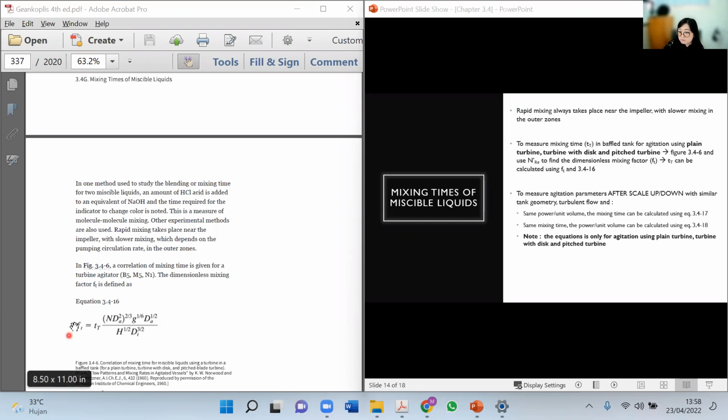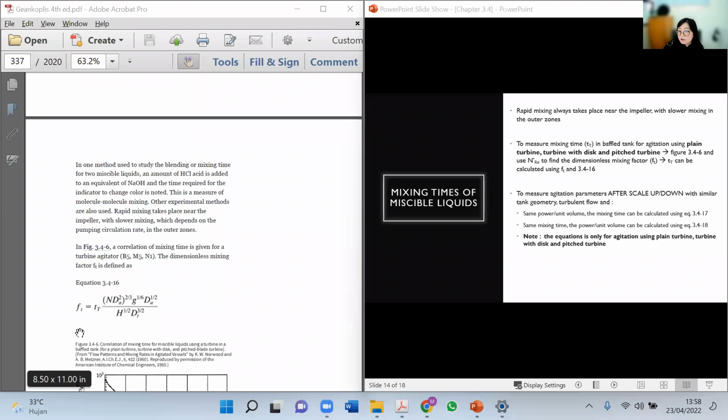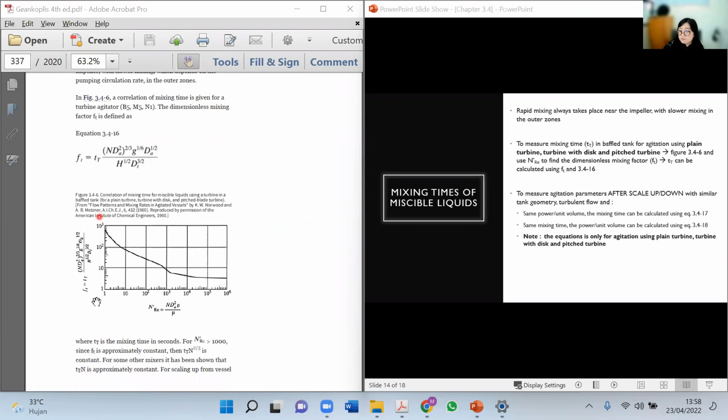This dimensionless mixing factor can be found using figure 3.4-6, where the fT value is on the y-axis, while the x-axis is the NRe.